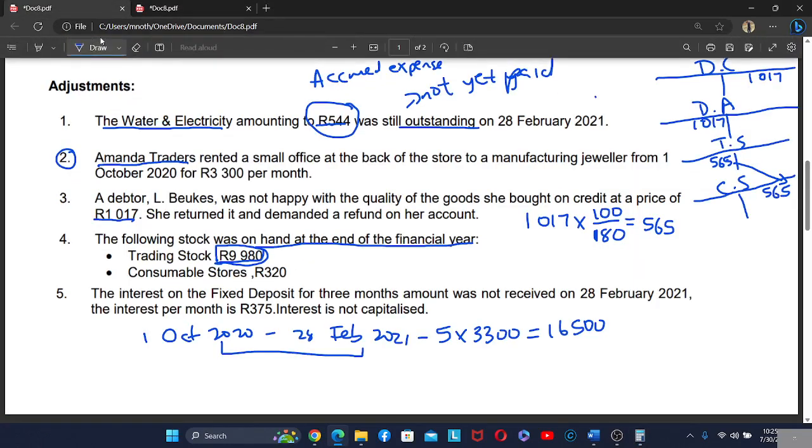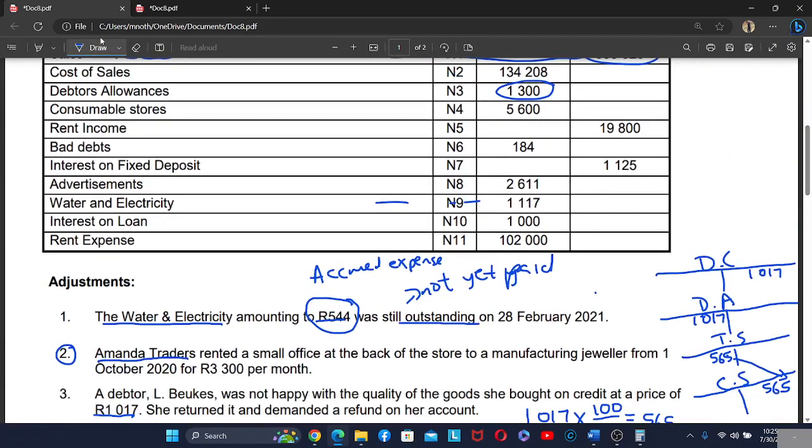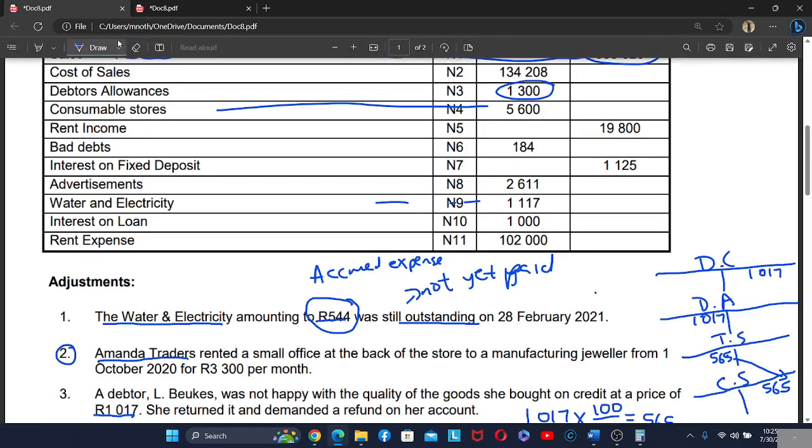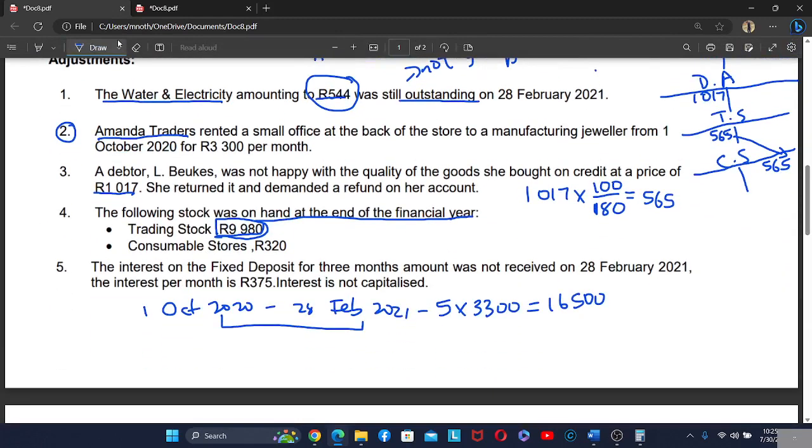Operating expenses. So we have the consumable stores. How much are the consumable stores? The consumable stores are 5,600. We are given the consumable stores on hand. Every year when the business buys the consumable stores, at that time they are treated as expenses.